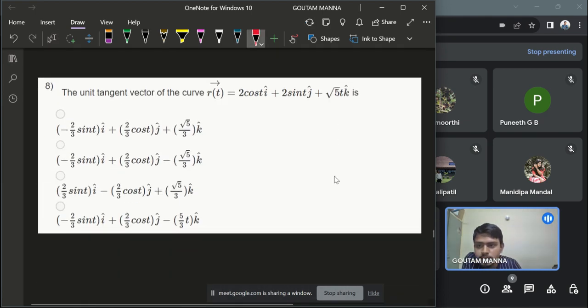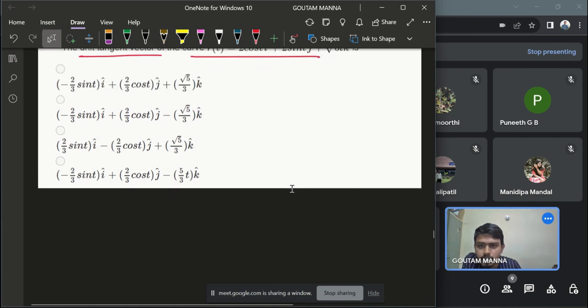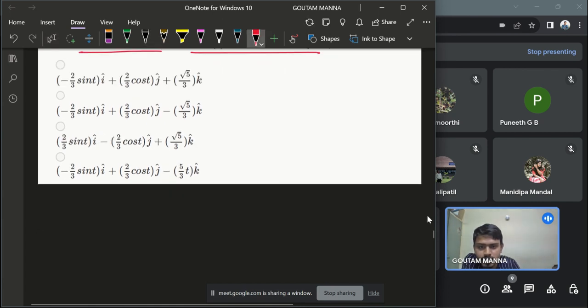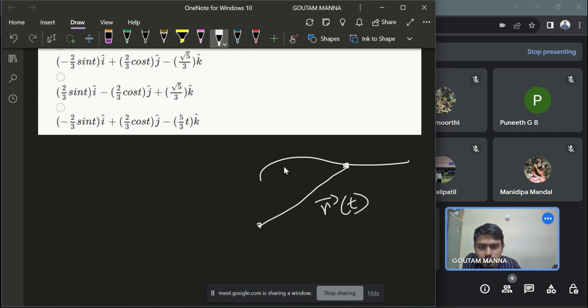The next problem is we have to find out the unit tangent vector of this curve. Okay, so the curve is changing with t. This is the curve, this is the r vector as a function of t, which is given. So this is the origin.